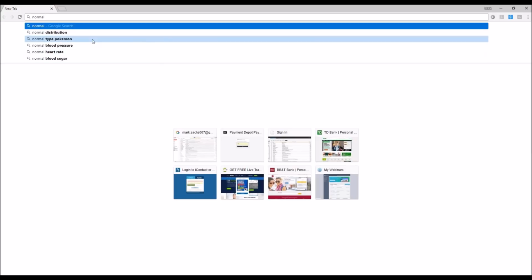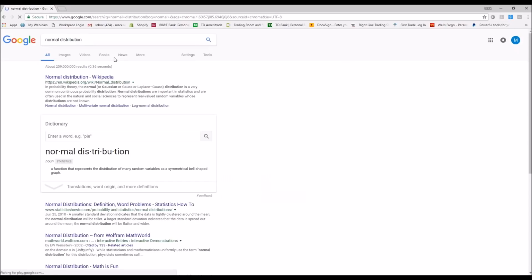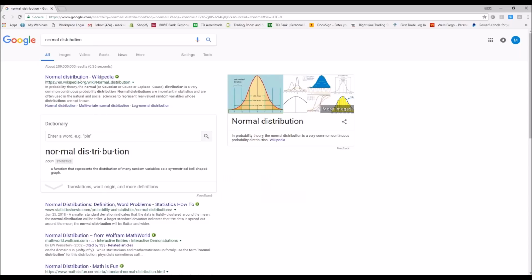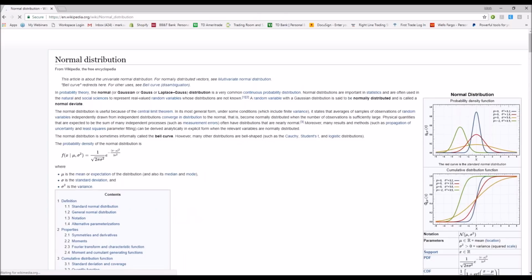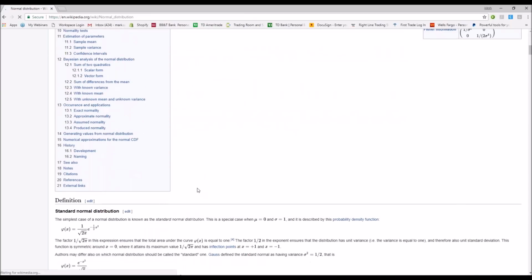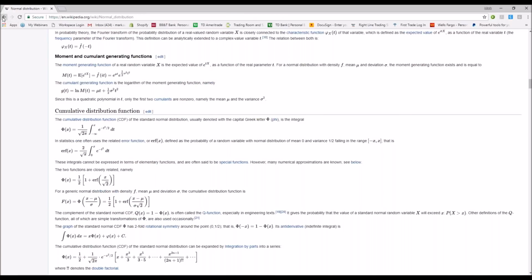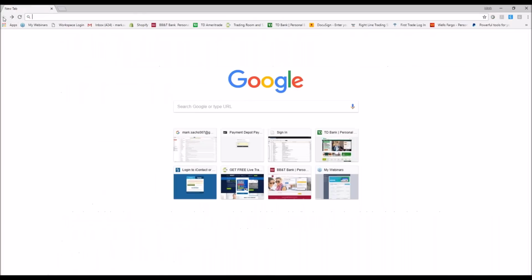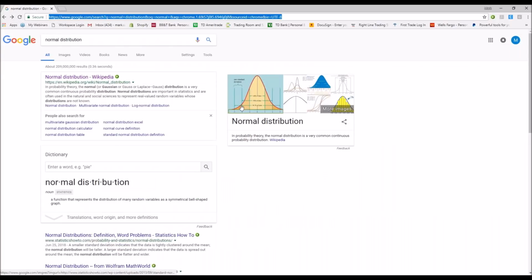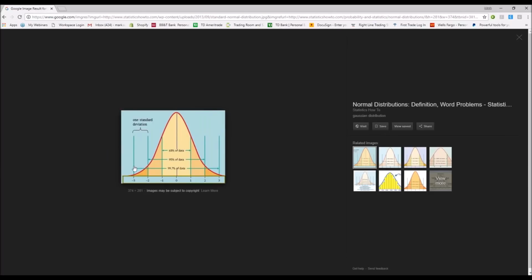Here's a normal distribution. Now, 100 years ago in the stock market, almost every trader had an equal amount of power in determining the direction of price.